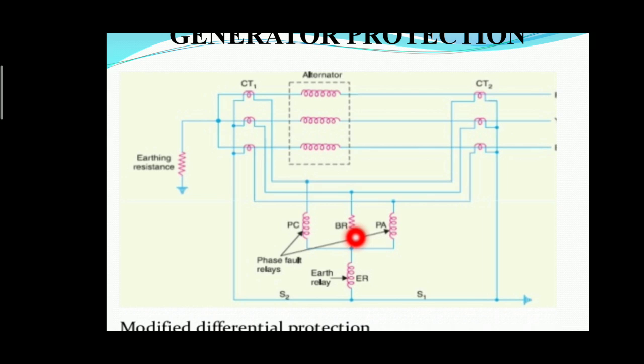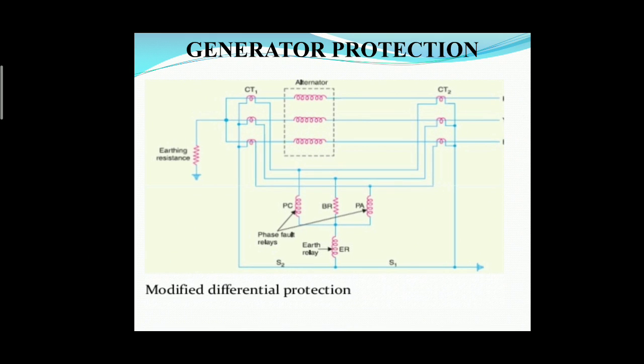Okay, this is the modified scheme. By using this resistor we observe the fault at the neutral point. In the case of a plain differential protection, if any fault occurs near the neutral point, the relay does not operate.